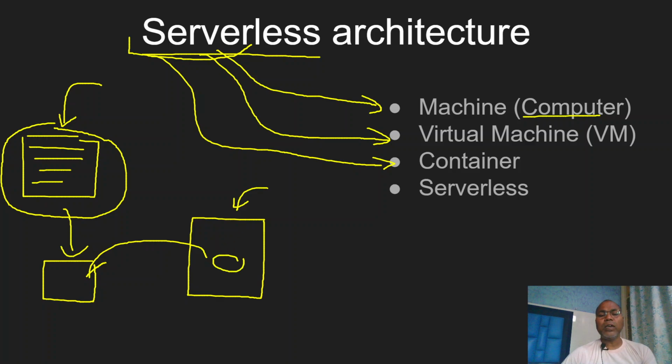For running any line of code, you previously required one machine. Machine means one computer, and a computer means there are hardware and software components required. So this is the basic concept of the machine. For running any of our software, you require one machine.